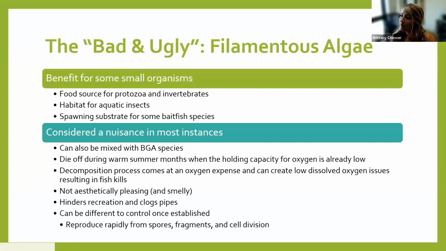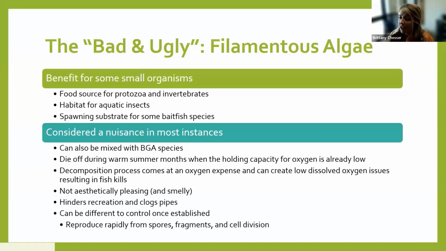And when we have large amounts of mats dying off, the decomposition process comes at an oxygen expense. Basically, in order to break down those mats, it requires beneficial bacteria that consume oxygen while they're breaking down those filamentous algal mats. This can create low dissolved oxygen issues, which may result in fish kills. So that's one of the main ones that we see.